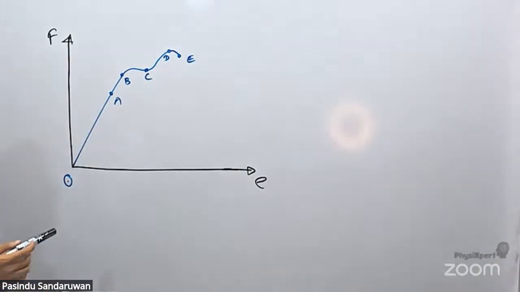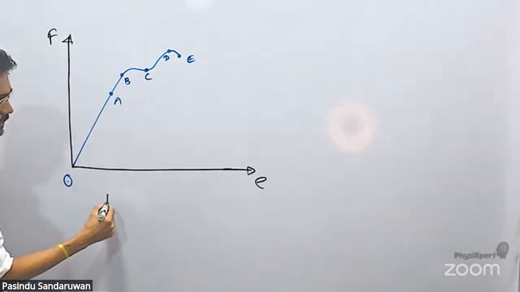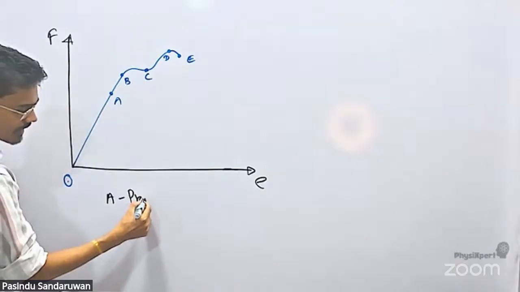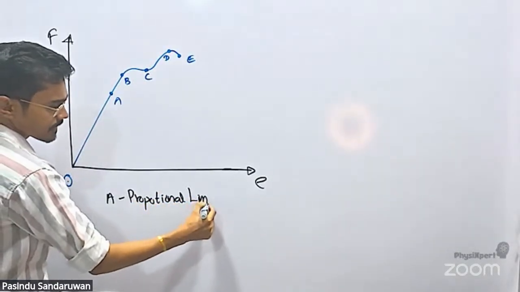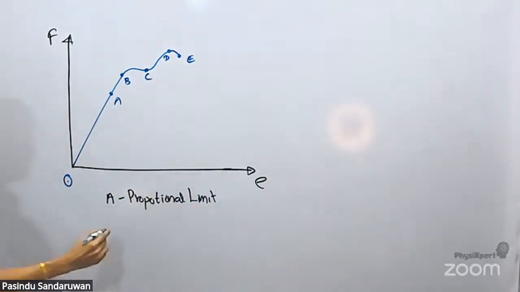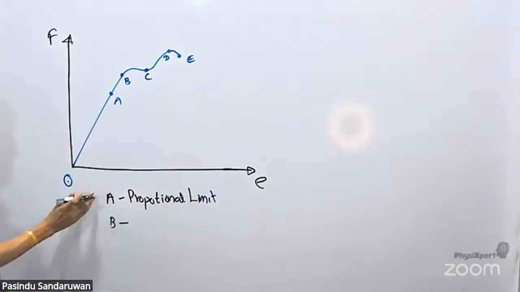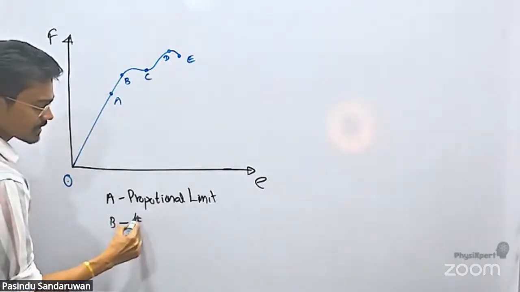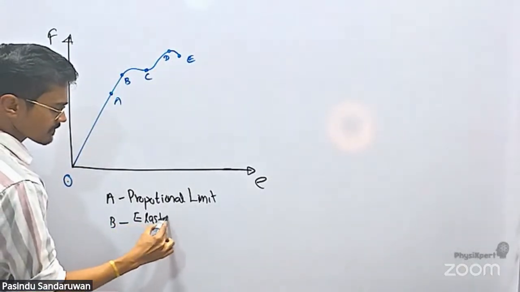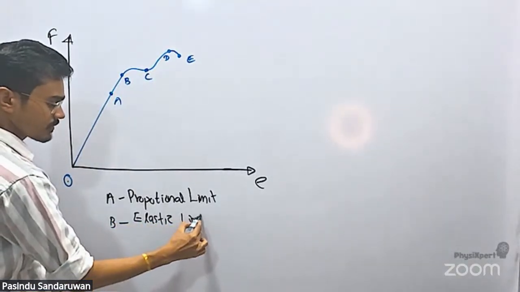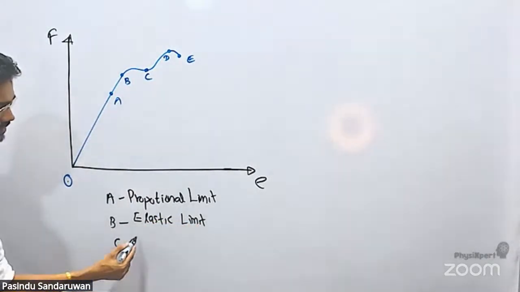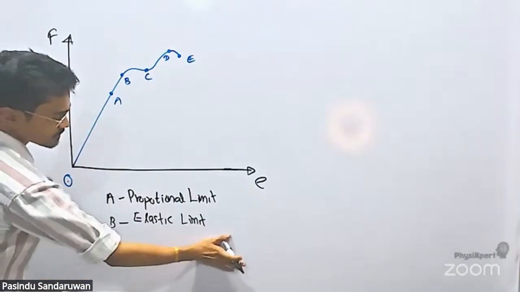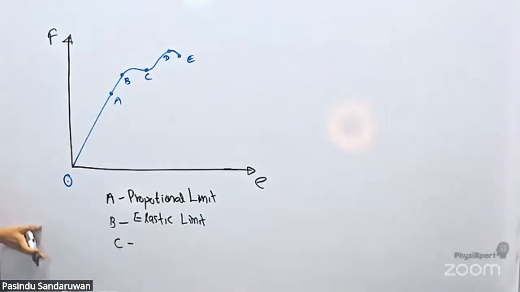And let's identify these points as well. A is called the proportional limit. Don't worry about these terms and words, we'll see everything in the coming part. B, elastic limit. C, yield point.